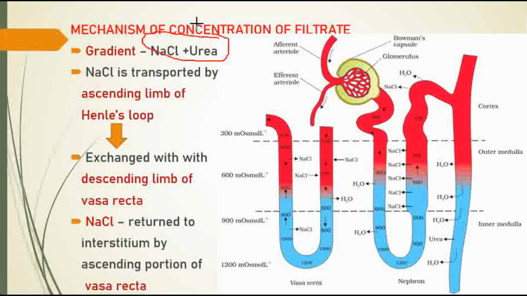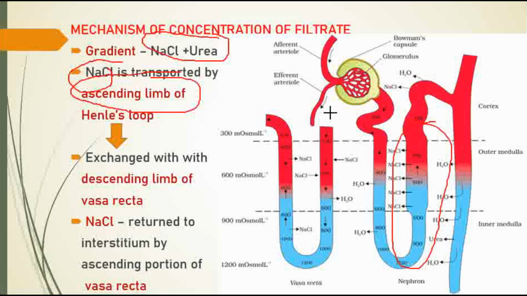In the case of NaCl, sodium chloride is transported by the ascending limb of Henle's loop. Which is the ascending limb? This is the Henle's loop, the ascending limb is this, this part. NaCl is transported by this ascending limb of Henle's loop and is exchanged with the descending limb of vasa recta.